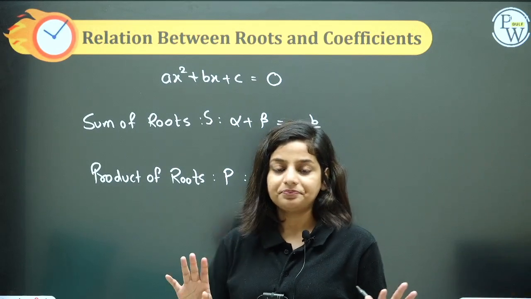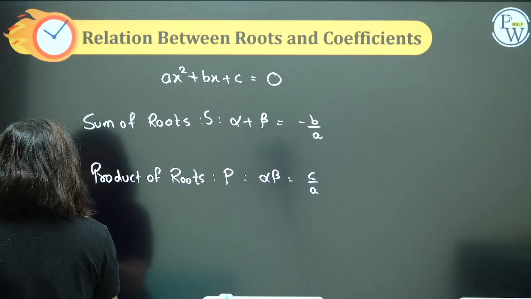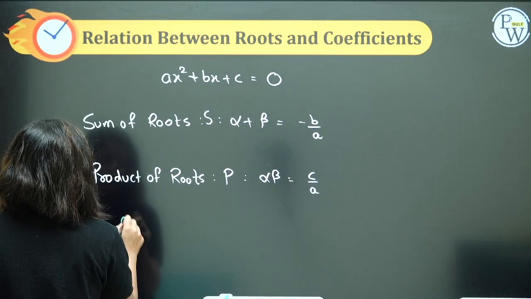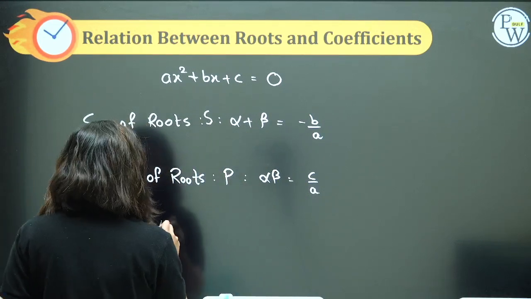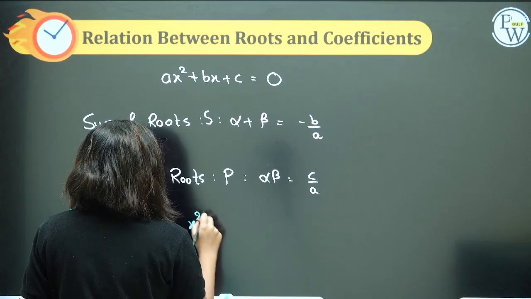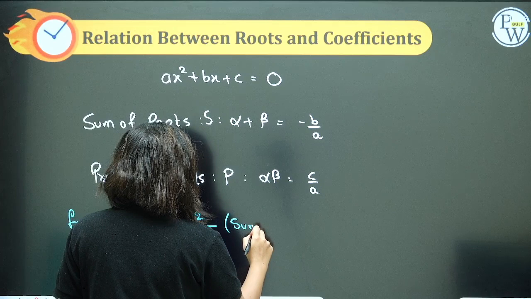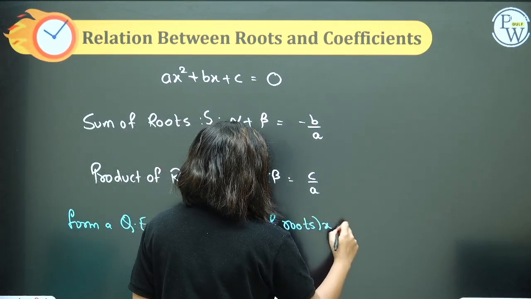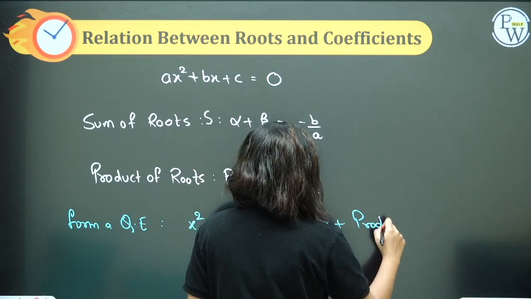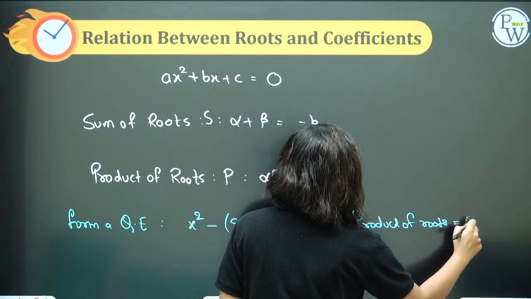Studied already. Now using this, if you have to form a quadratic equation, you know the sum of roots, you know the product of roots. How to form a quadratic equation? It is x square minus sum of roots into x plus product of roots, equal to 0.